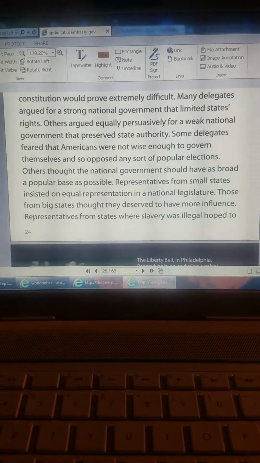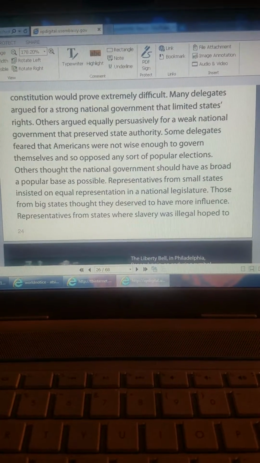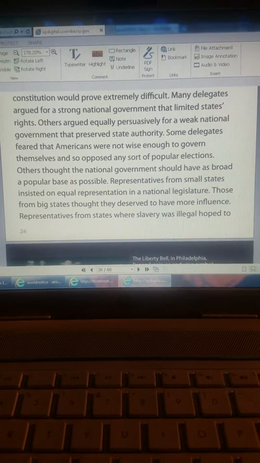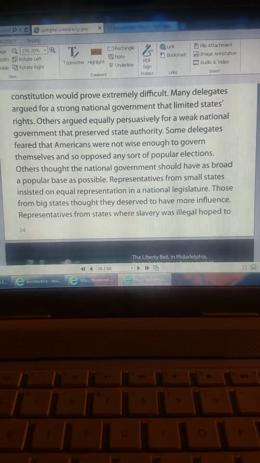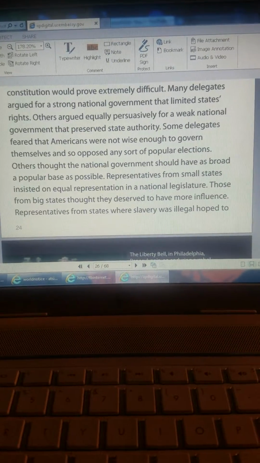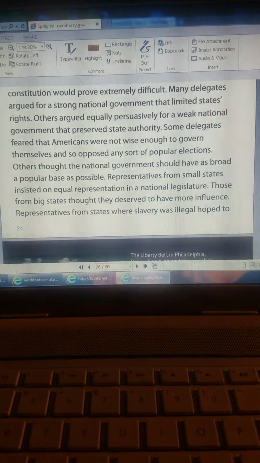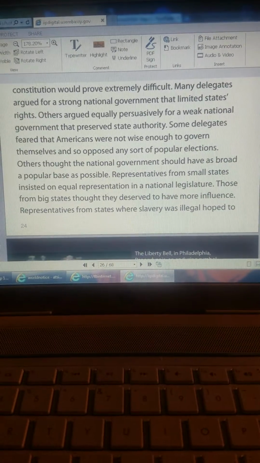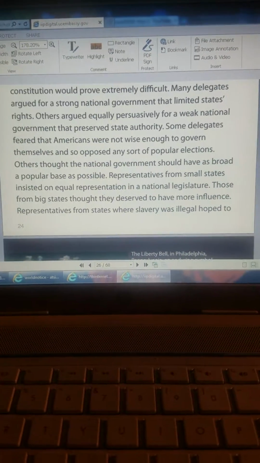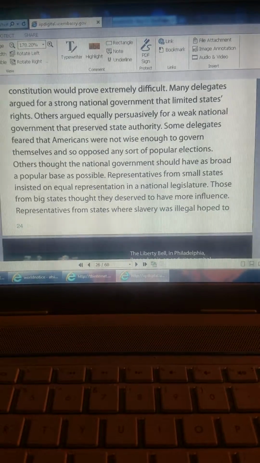Others thought the national government should have as broad a popular base as possible. Representatives from small states insisted on equal representation in a national legislature. Those from big states thought they deserved to have more influence.